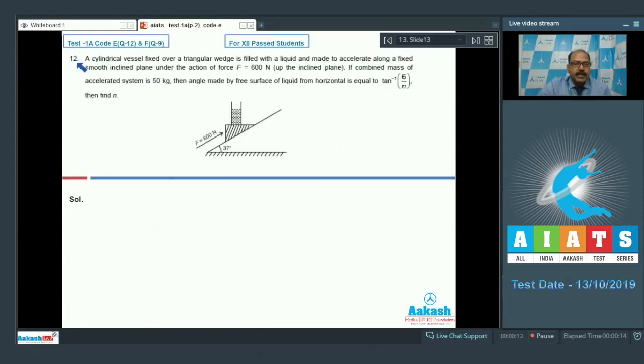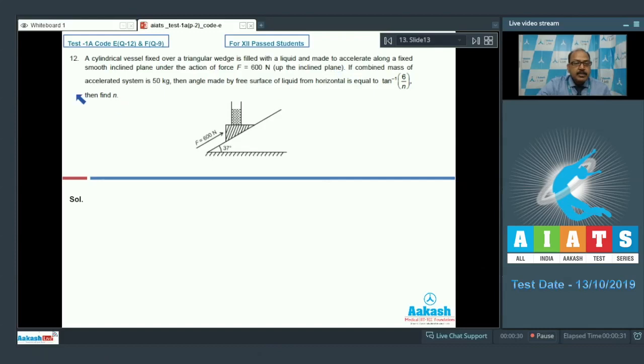Well, question 12 says a cylindrical vessel fixed over a triangular wedge is filled with a liquid and made to accelerate along a fixed smooth inclined plane under the action of force F equal to 600 Newton up the inclined plane.